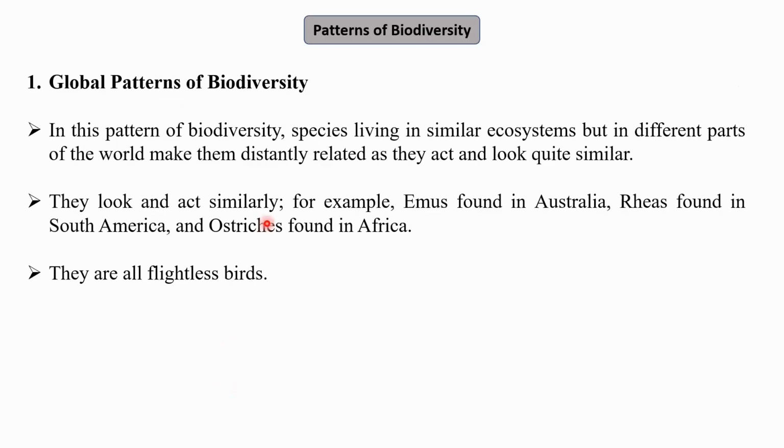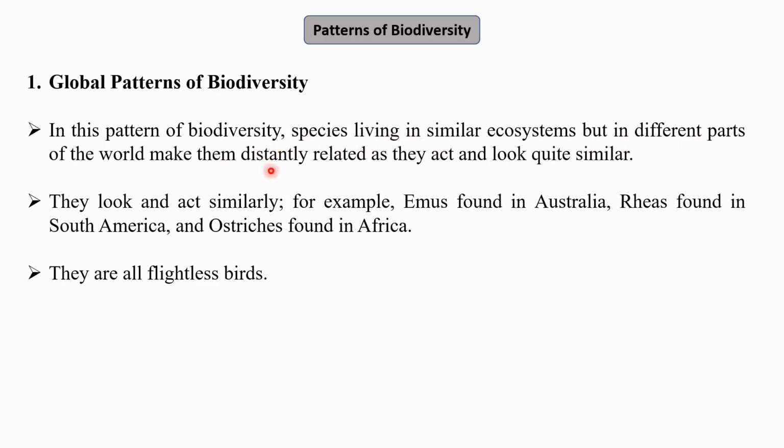Global, as the term denotes, means the entire globe or the entire earth. Basically, in this pattern of biodiversity, species live in similar ecosystems, that is, ecosystems that have similar conditions, but the location of the ecosystem is in different parts of the world.